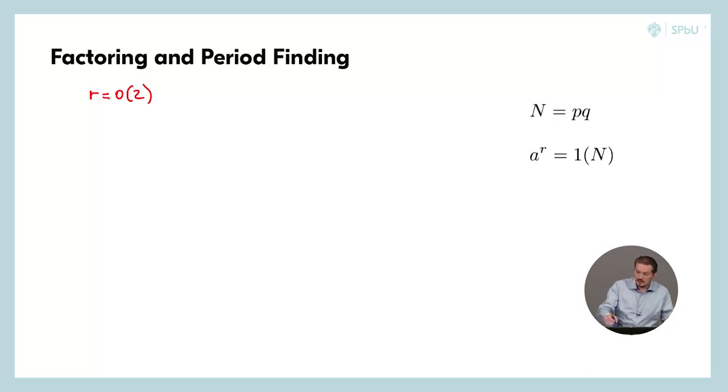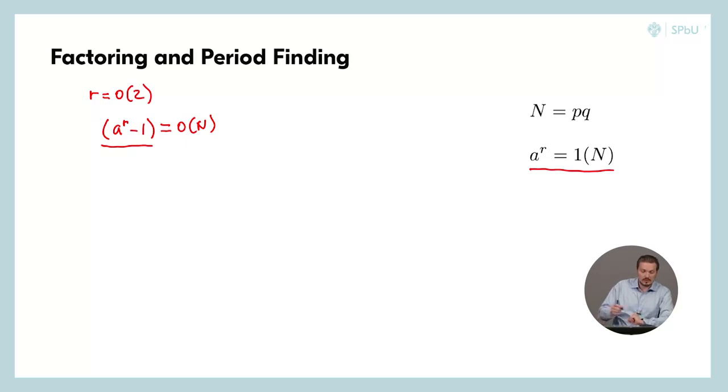Well, let's rewrite this identity like this: a to the power r minus 1 equals 0 modulo n. And since r is even, what we have here is a difference of squares. And everybody knows what to do with a difference of squares when you see one.